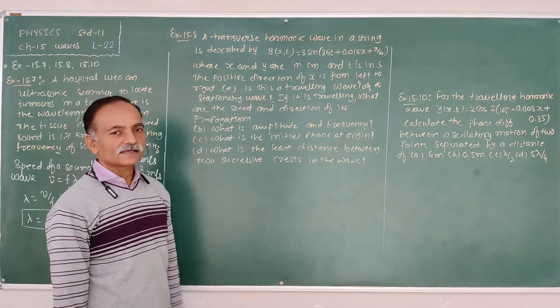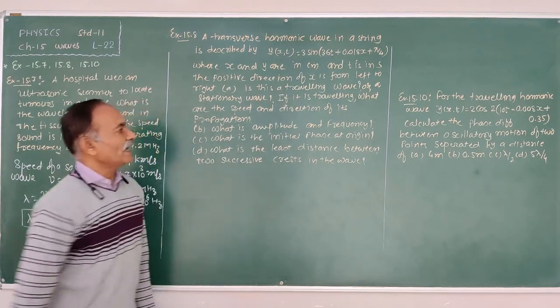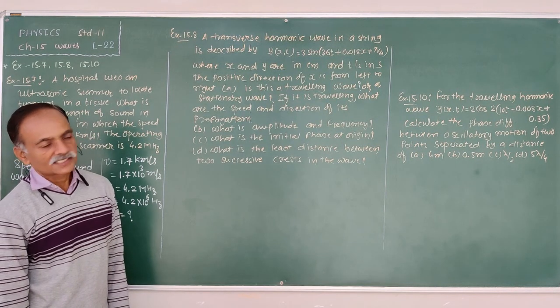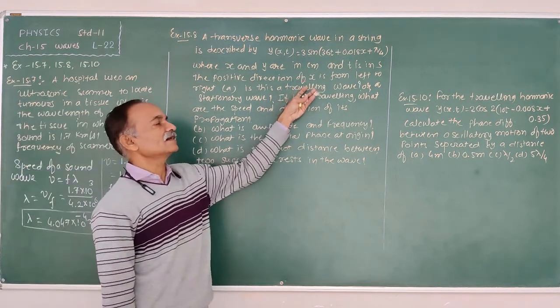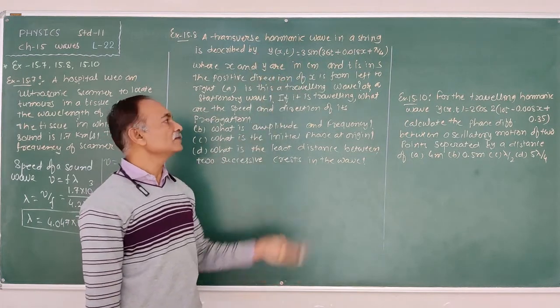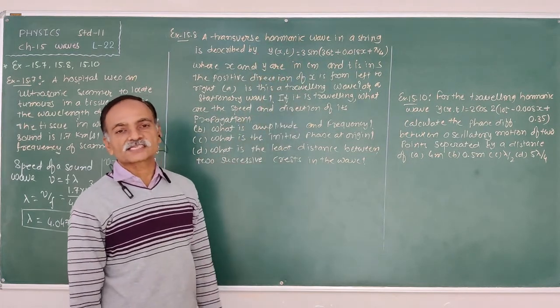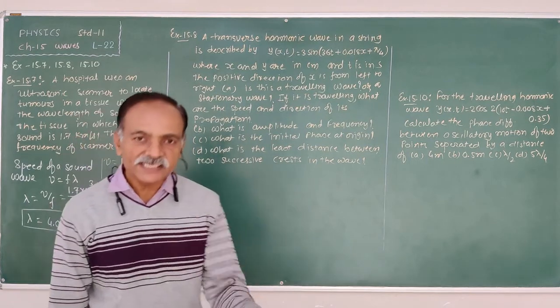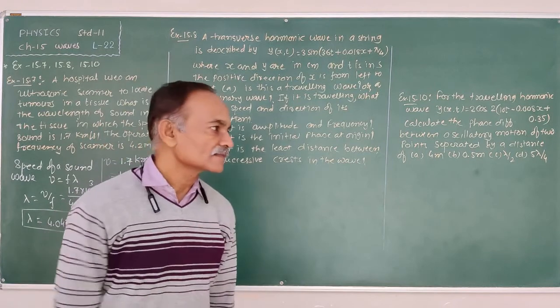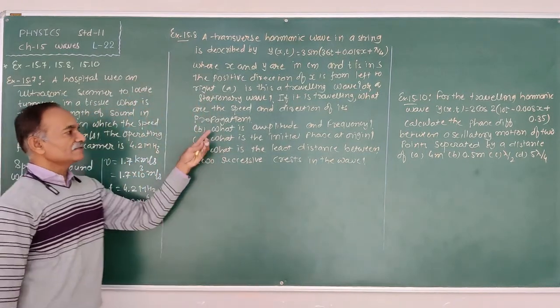If it is traveling, what is the speed and direction of its propagation? Suppose we give the answer, this equation represents a traveling wave. So we have to find out what is the speed of this wave and in which direction this wave is traveling.